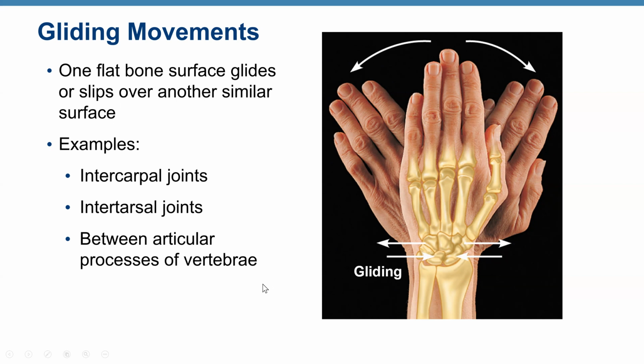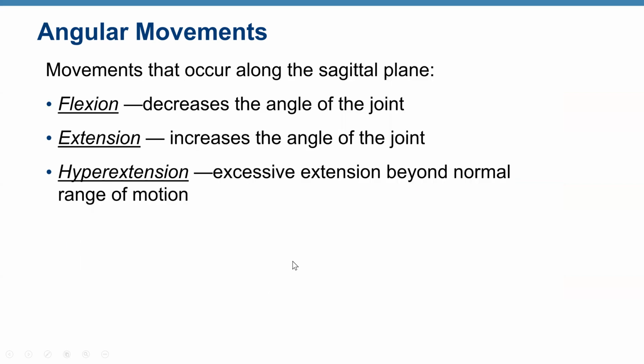Intercarpal and intertarsal joints. Angular movements occur along the sagittal plane. Flexion decreases the angle of the joint, extension increases the angle of the joint, hyperextension is excessive extension beyond the normal range of motion.